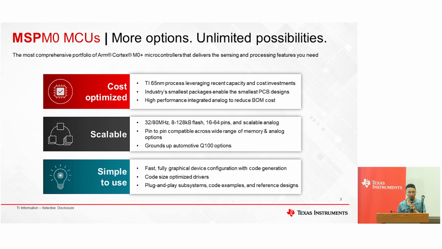As you know, in the current MCU market, the normal process is more than 90 nanometer. So we have an advantage using the 65 nanometer process. That makes our die size smaller and cuts down our cost, and we can provide a lower price for you.